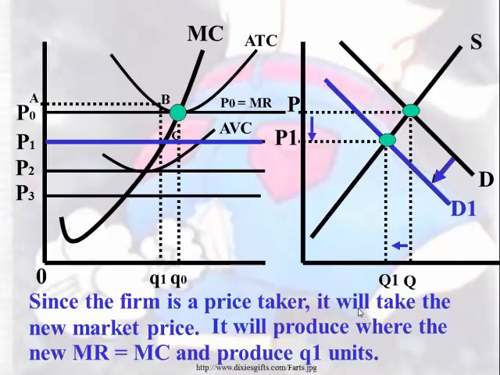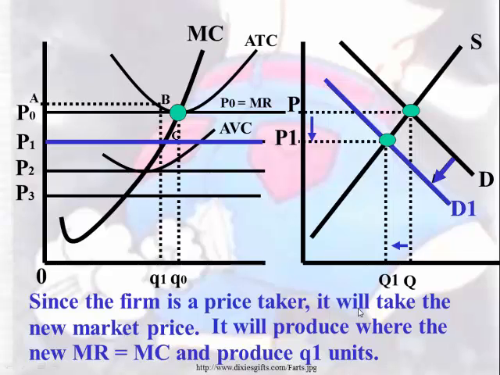The area of total revenue is P times Q, so it would be labeled 0, P1, C, Q1. At Q1, what is the average total cost of producing Q1 units?